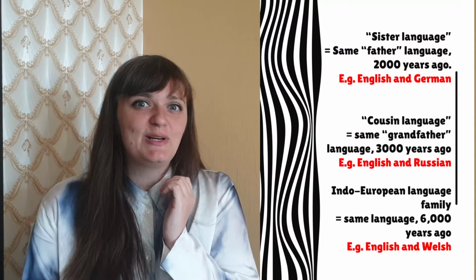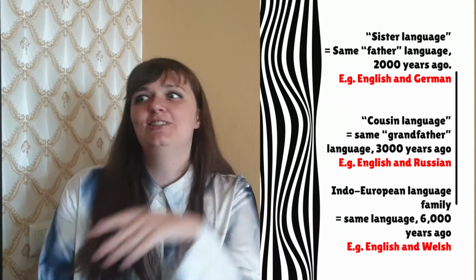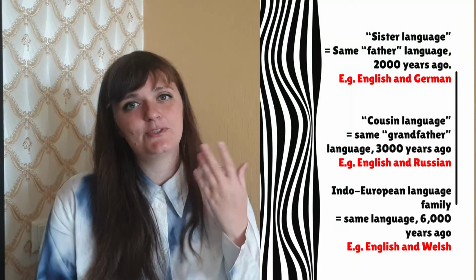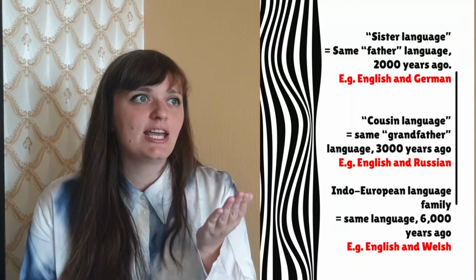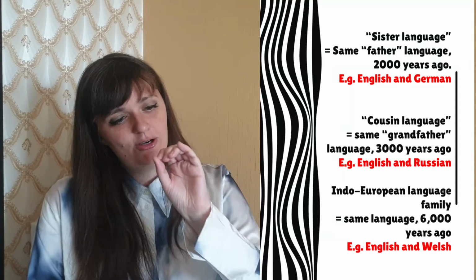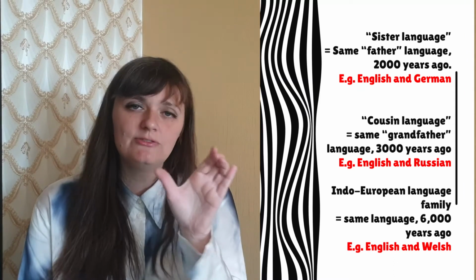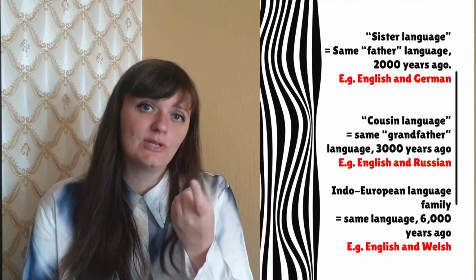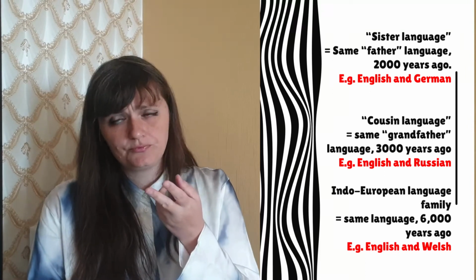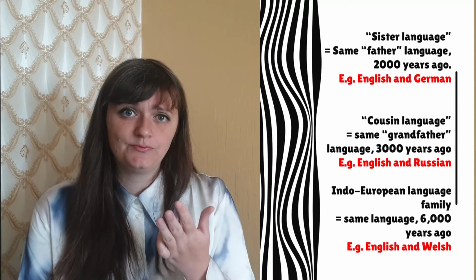And then we need to think about languages which are not really cousins, maybe they are 3rd and 4th and 5th cousins. This is, for example, English and Turkish. And so the further away you are from another language, the more different your languages are in vocabulary, in pronunciation, and in grammar as well.